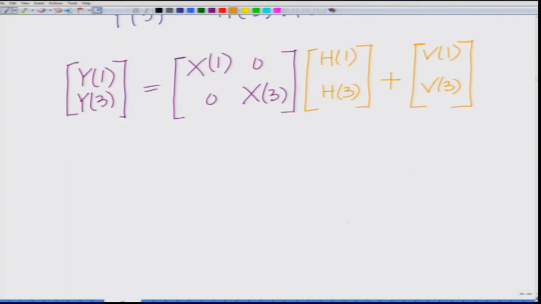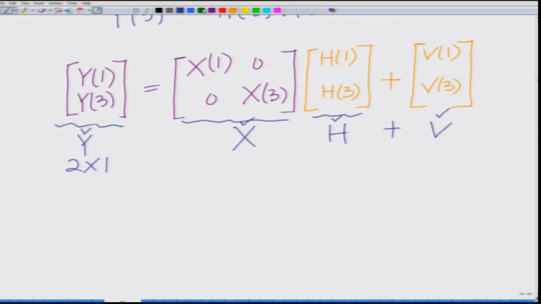Let us call this output vector Y check, and this diagonal matrix of pilot symbols X check. This is in fact the pilot matrix. Let us call this vector H check, plus this is V check. So, Y check is a 2 cross 1 vector. I am sorry, X check is a 2 cross 2 matrix, H check is a 2 cross 1 vector, and V check is a 2 cross 1 vector.